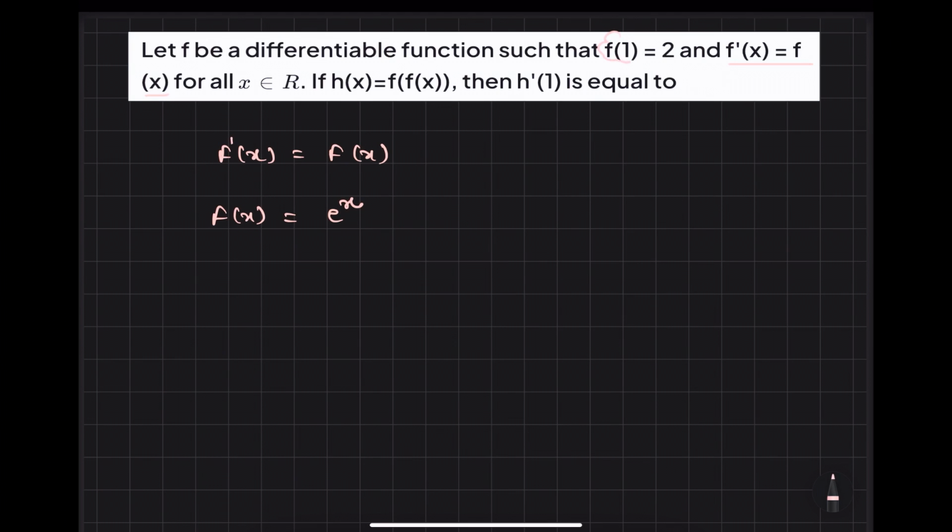But look at this, if you use this idea, in place of x you write 1, in place of y you should get 2. But if you calculate f of 1, you will get e. And this is not correct because you should get 2.